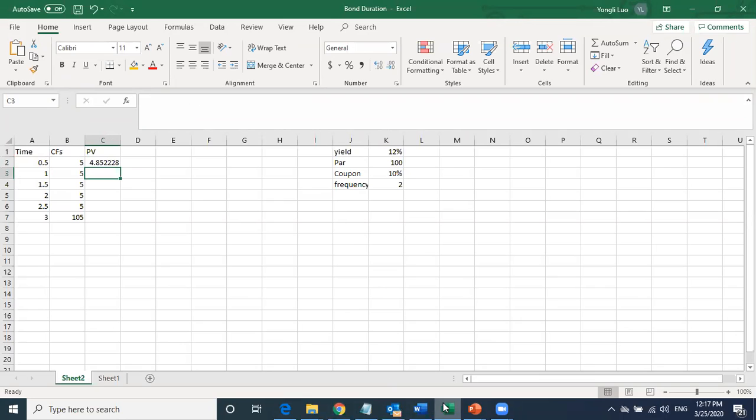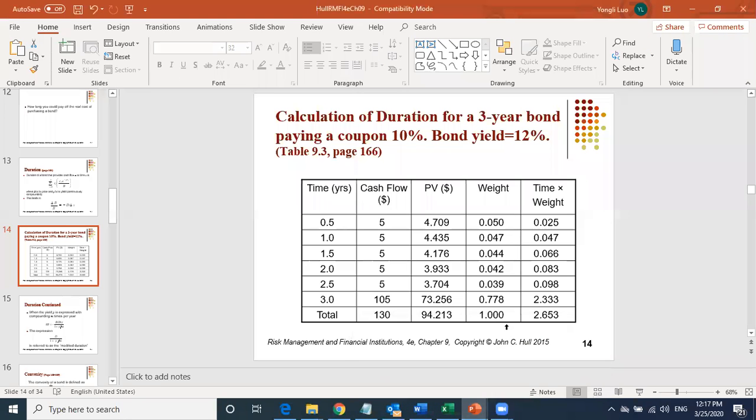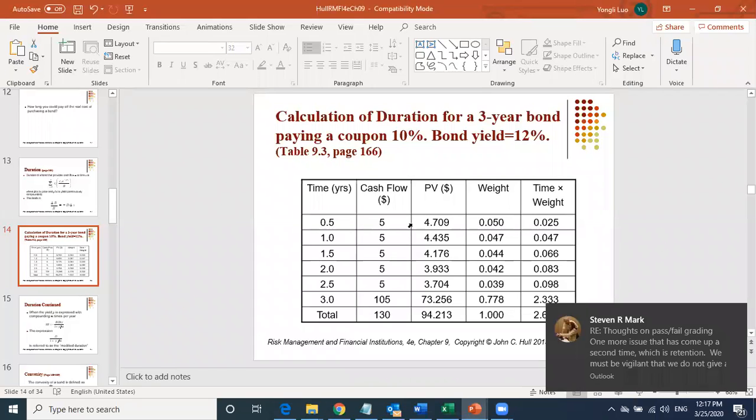Okay, now we go back and see, okay, this is the present value. Okay, 4.7.